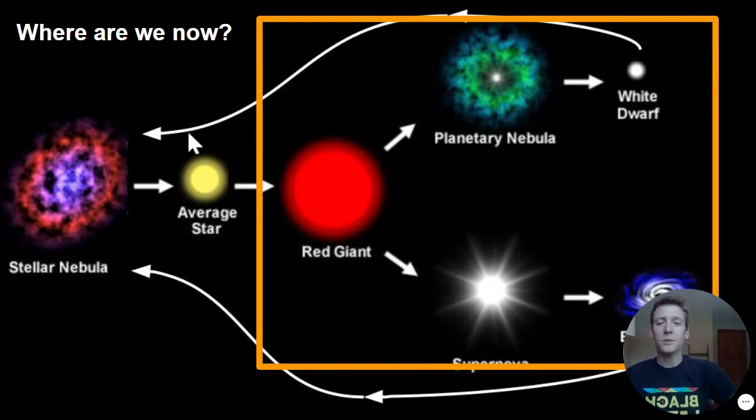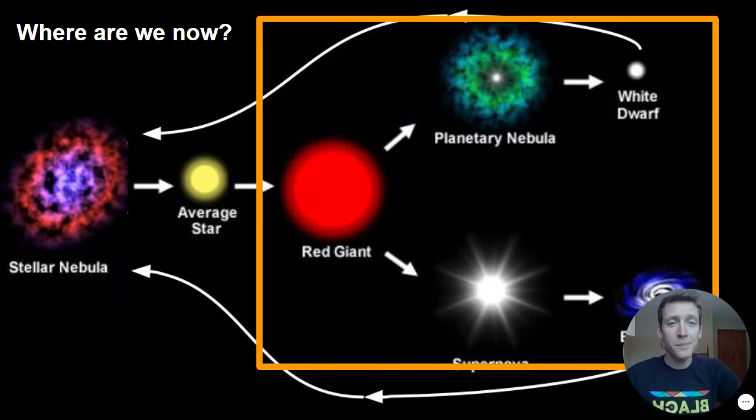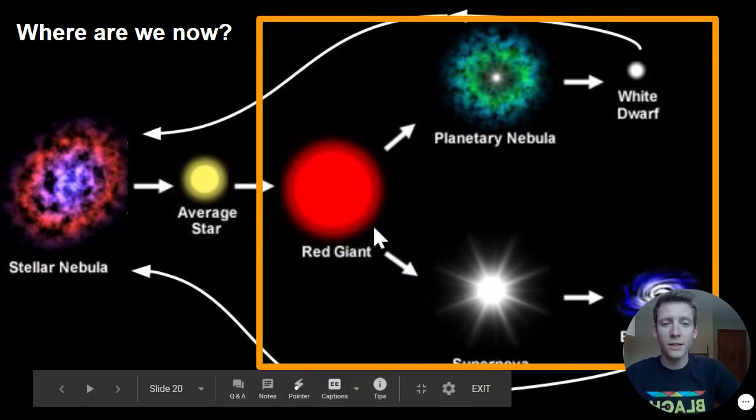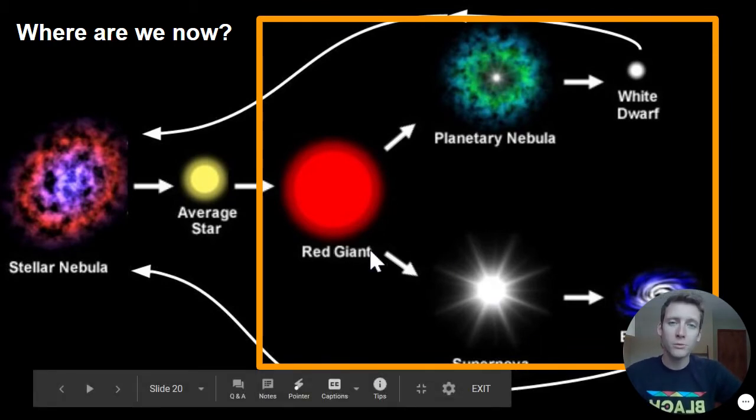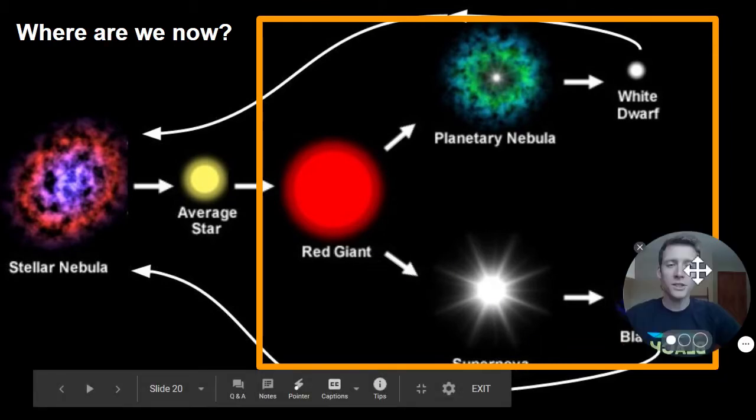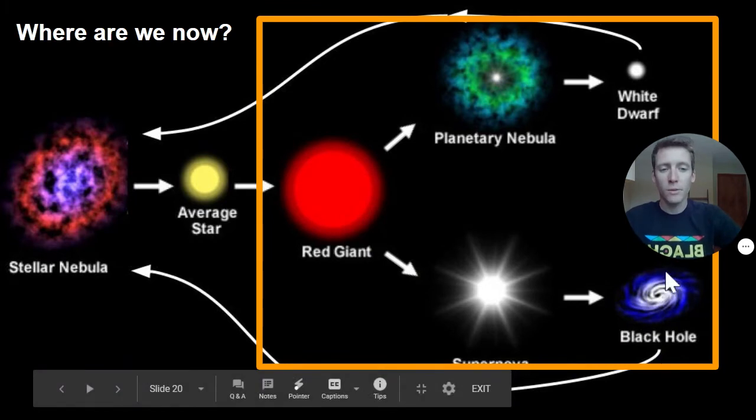Okay, so we just talked about how a star becomes a red giant. Now we're going to talk about how stars die. And that depends on how big the star is. How much mass does it have? There are two routes we can go. If a star is really massive, huge stars become a supernova, which eventually becomes a black hole before that matter cycles back to a nebula.